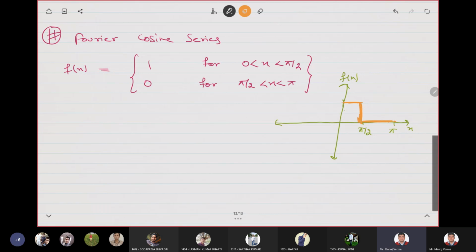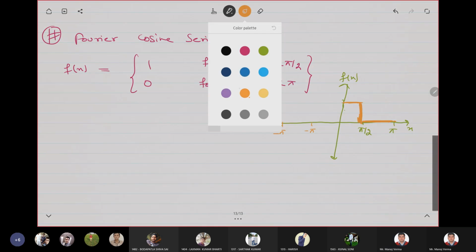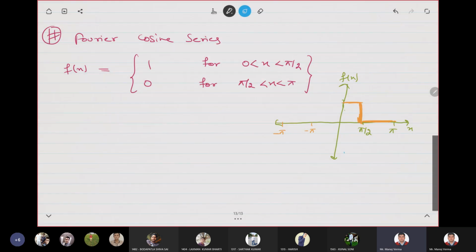If we have to express this function in a Fourier cosine series, what we have to do is consider that this function is an even function in the range minus pi to pi. So we will construct this function such that it will become an even function.